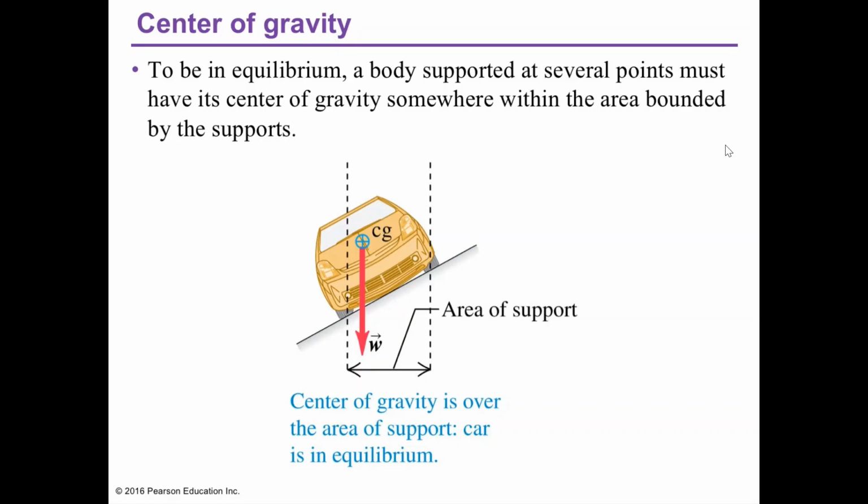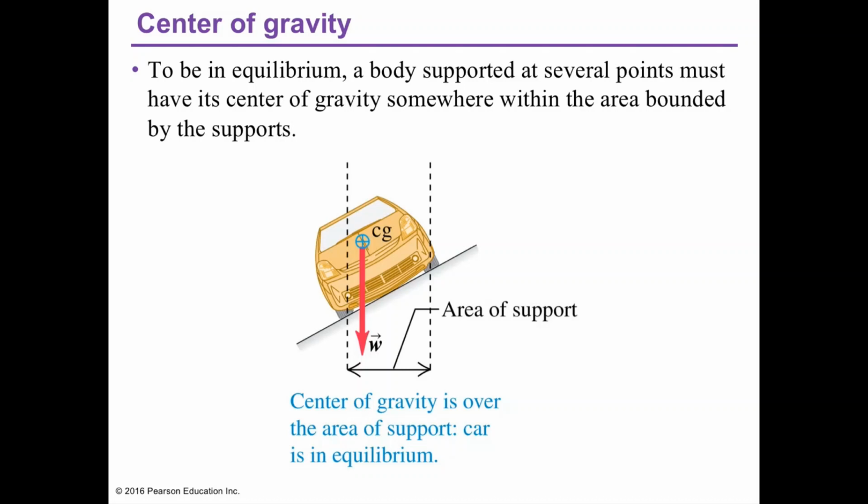So we've just talked about how, when a body acted on by gravity is supported or suspended at a single point, the center of gravity is always at, or directly above or below, the point of suspension or support. If it were anywhere else, the weight would have a torque with respect to the point of suspension or support.